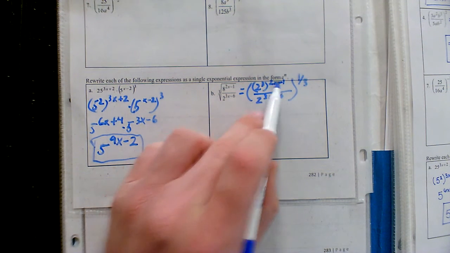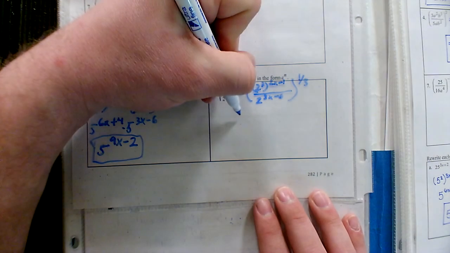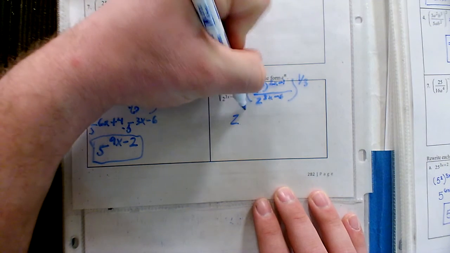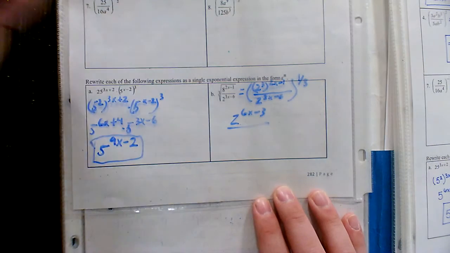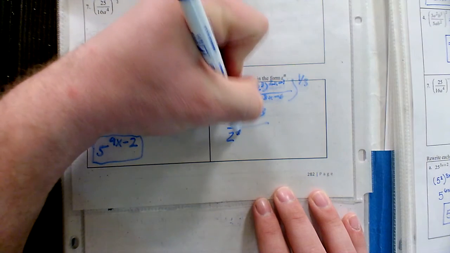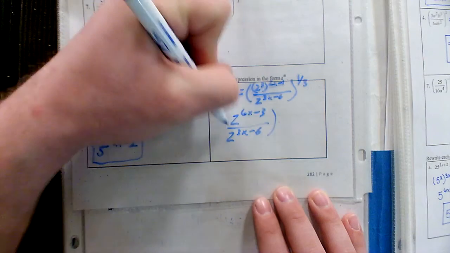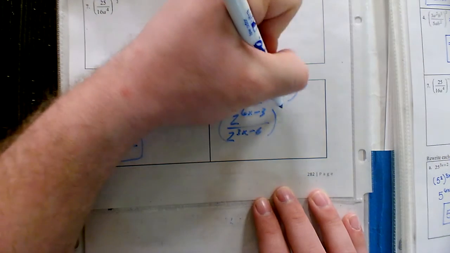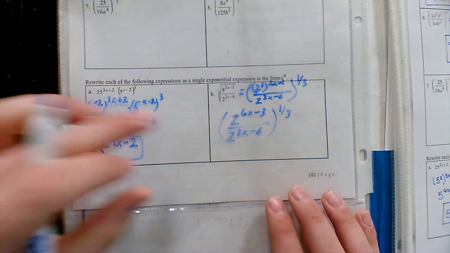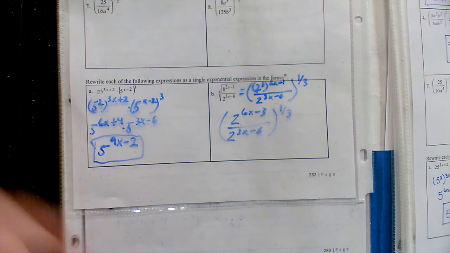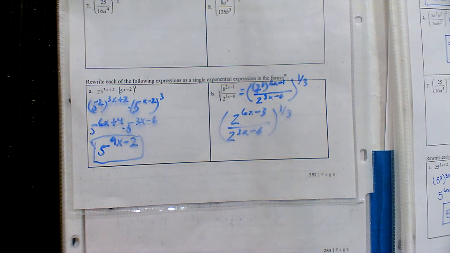Now I can multiply this power to a power right here. So I have 2 to the 6x minus 3 over 2 to the 3x minus 6, to the 1/3 power. Now I really could go about this two different ways. What's one possible way I could solve next?